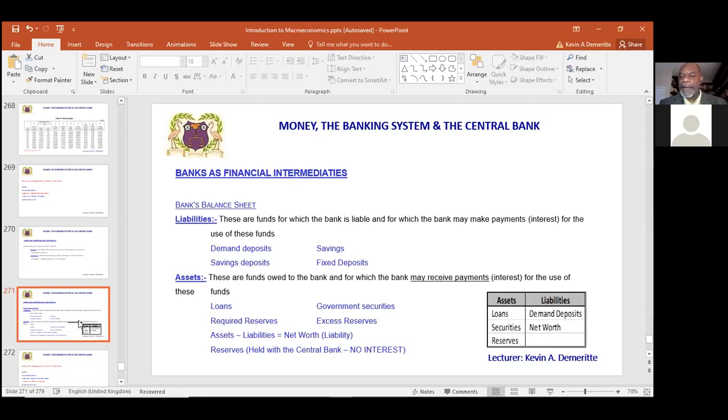The two other government securities are Bahamas government registered stock and Bahamas government stock. Traditionally, long-term loans to the government were called Bahamas government registered stock.